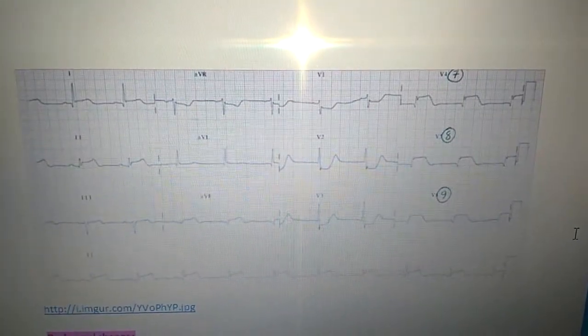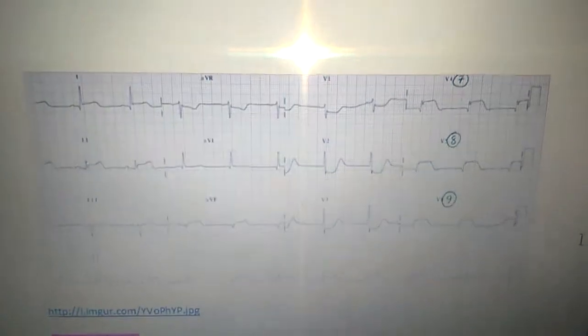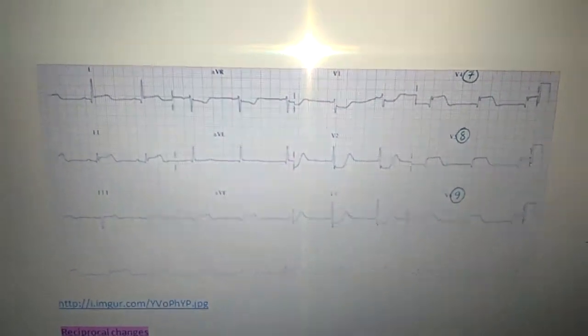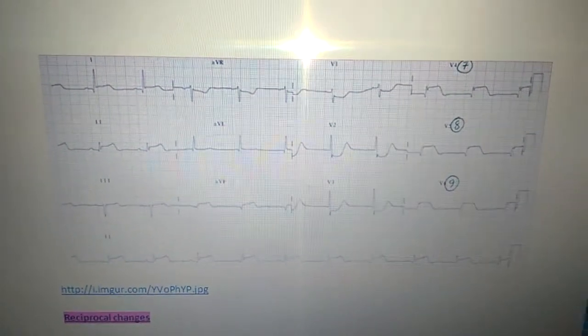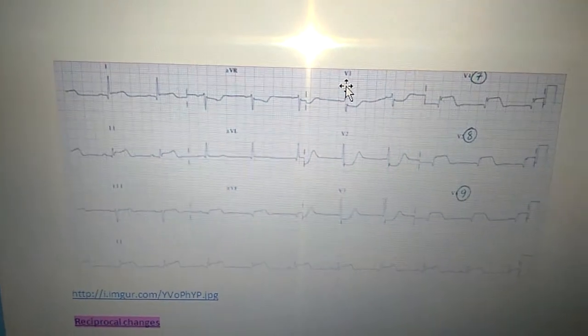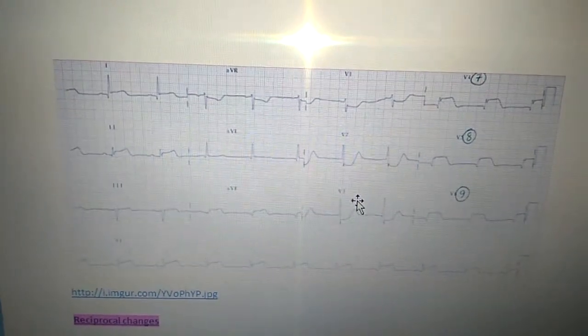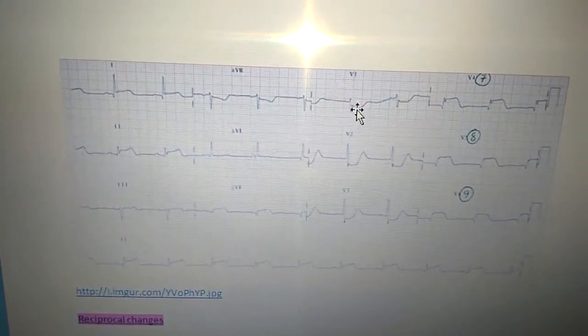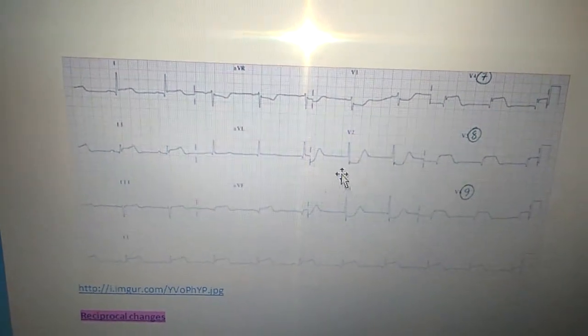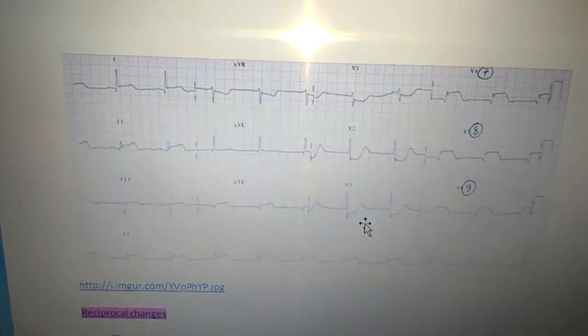This is an example of posterior ECG, whereby in this patient there's ST depression in V1, V2, V3. This is a sign of posterior MI.